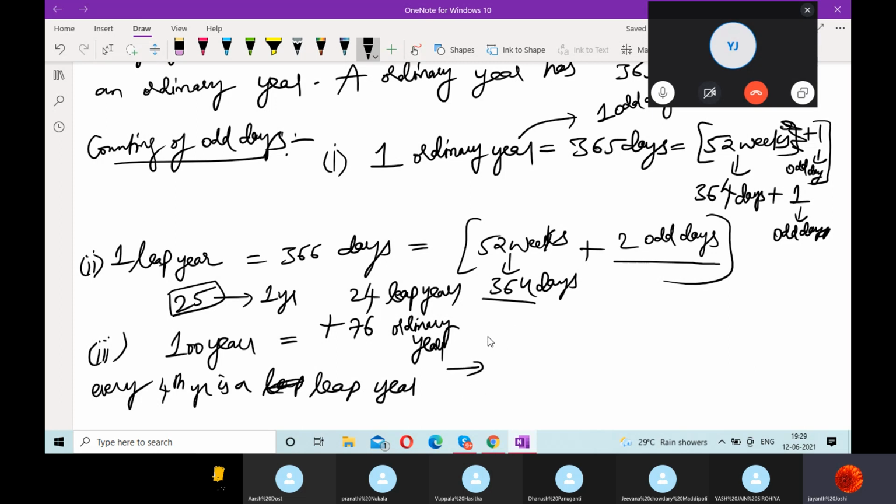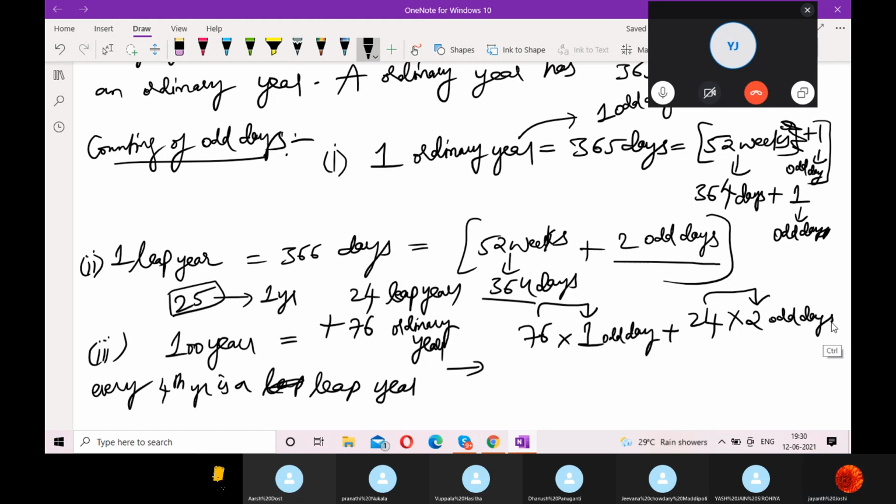Now if I go ahead with this concept, 76 into 1, because one ordinary year has one odd day, plus 24 leap years, and one leap year has 2 odd days. So 76 into 1 is 76. 24 into 2 is 48. So how many days has it become? 124 days.